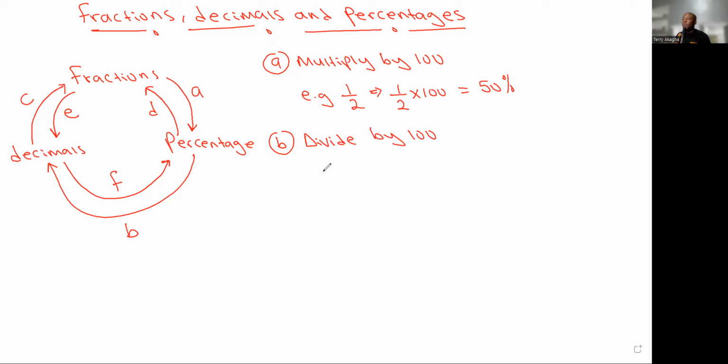For example, let's go back to what we had before: 50%. I want to convert this 50% to decimal, so you just divide 50% by 100, and this will give you 0.5. So from percentage to decimal, you divide by 100.